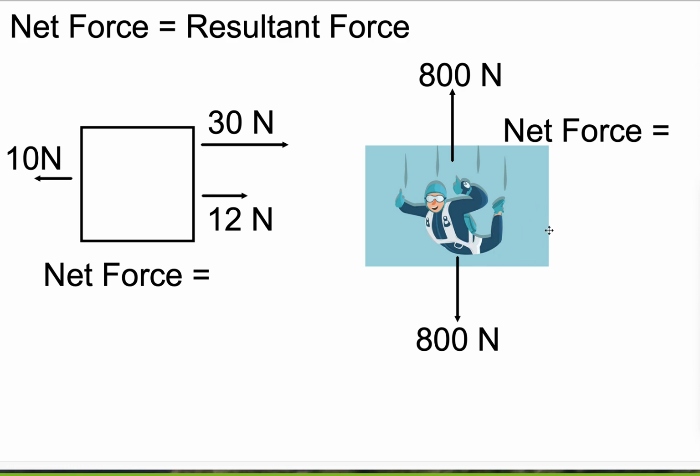A net force of zero means that he's moving at the same speed, that he's not accelerating. So he's moving at a constant velocity. In this case, on the left, this object is accelerating. So it's picking up speed, picking up more speed, picking up more speed. So this is what we covered yesterday.